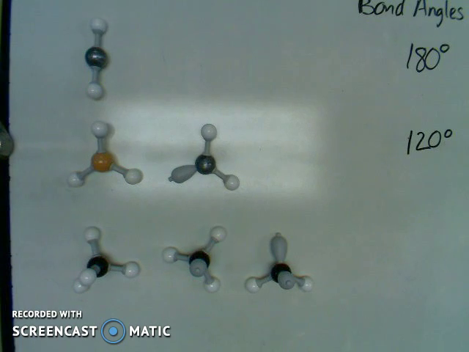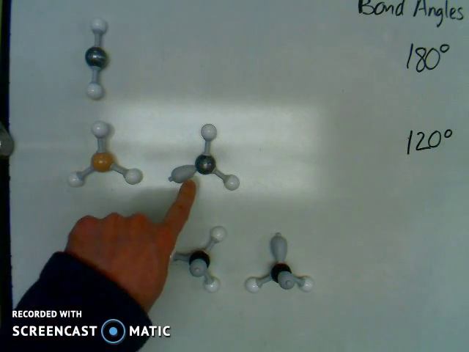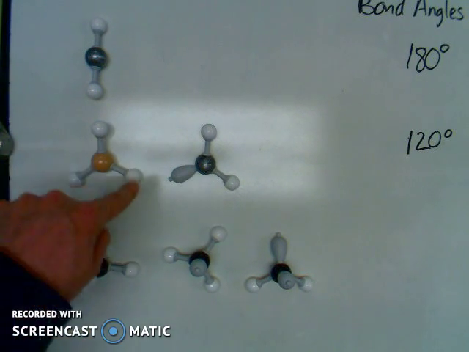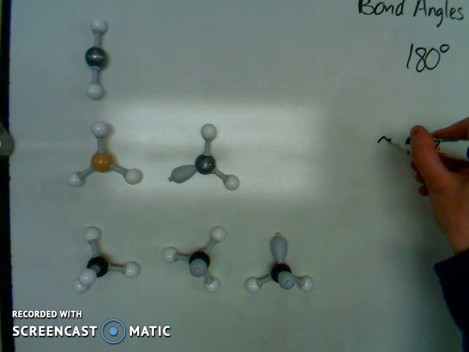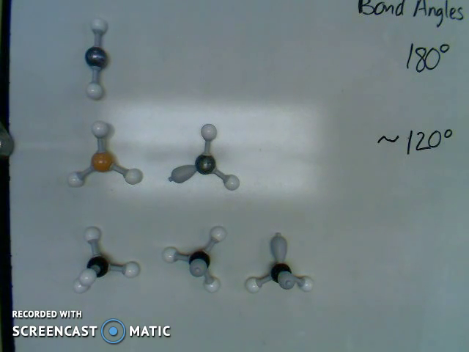Now that's going to be in the strictest case here. If we do have a lone pair, or if the atoms around the central atom are different from each other, there are going to be some differences. So we can just call this approximately 120 degrees to account for that.